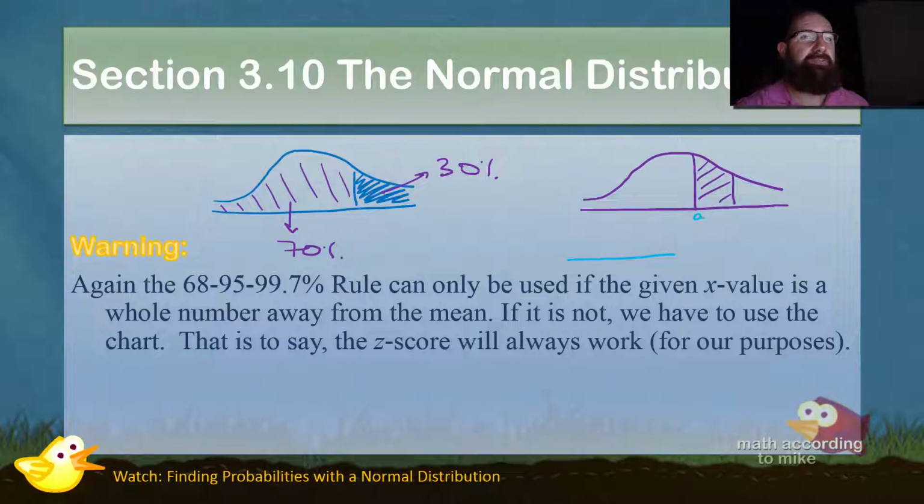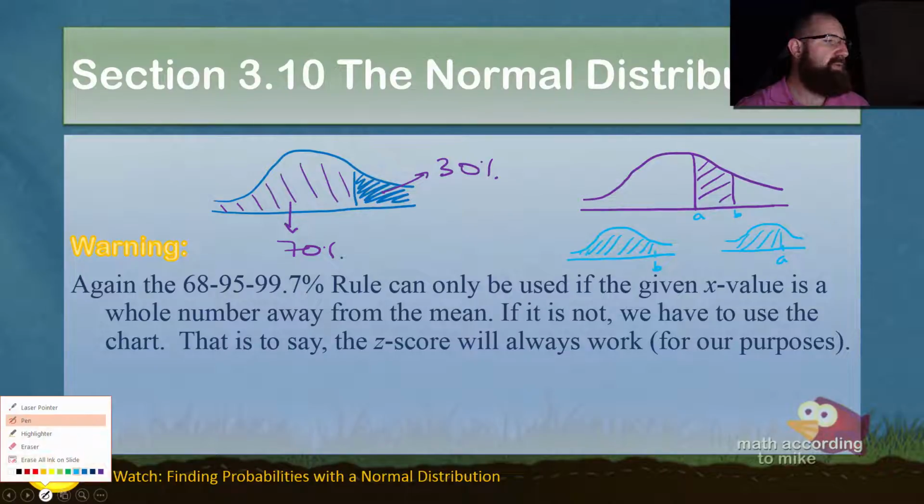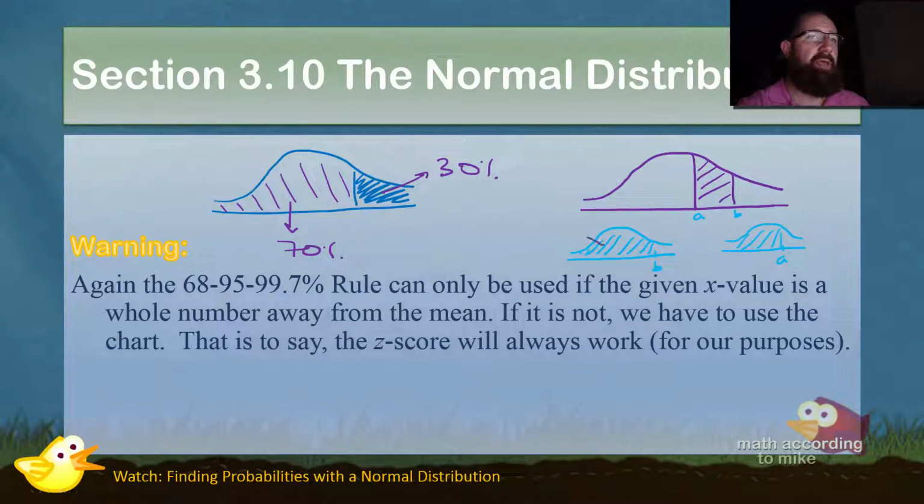Let me say A and B. If you found the region less than B, and if you found the region less than A, so for instance, if you found out that 80% are less than B and 60% are less than A, and notice that A is contained within B, then how would you get between?